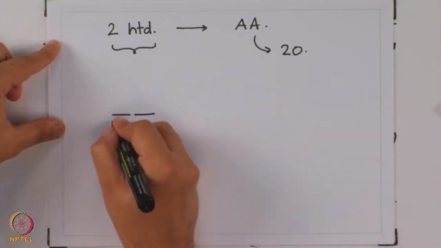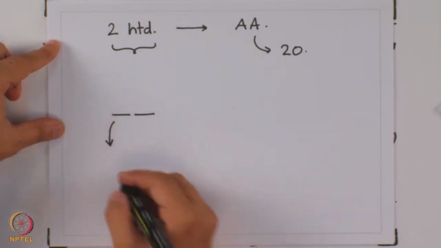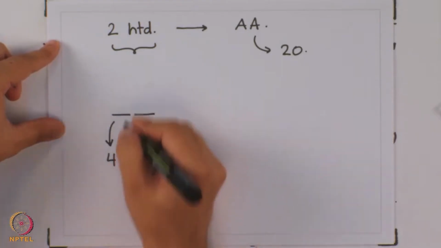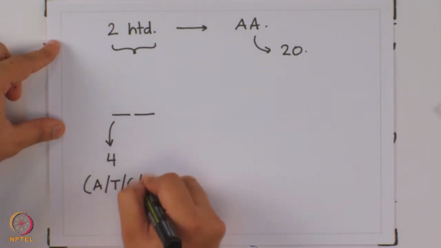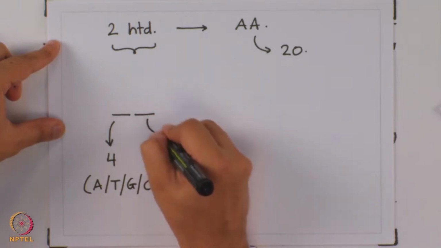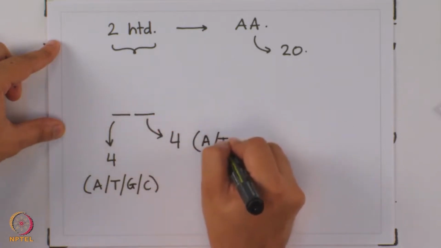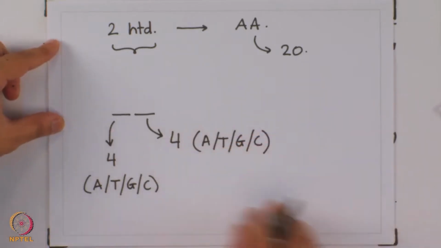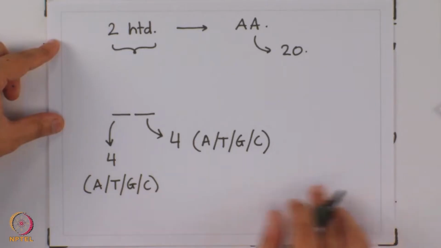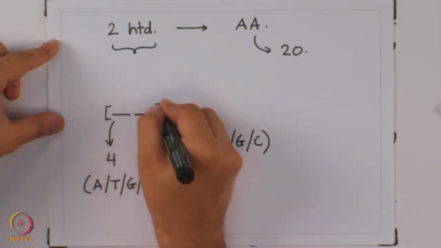How many options do we have to fill the first place of the pair? It is 4, because we could fill the first place by any of the 4 monomers, and when it comes to the second place, again we have the same 4 options of nucleotides to be allotted, and that would give me the pair that I am talking about.